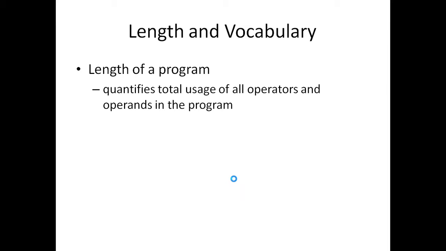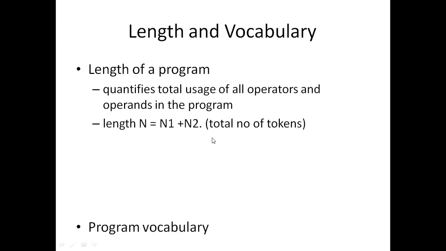So it is the total number of operators and operands in the program. Length N equals N1 plus N2. We have already seen what N1 is. N1 is the total number of operators used in the program, and N2 is the total number of operands used in the program. So this gives the total number of tokens in the program. So length N equals N1 plus N2.